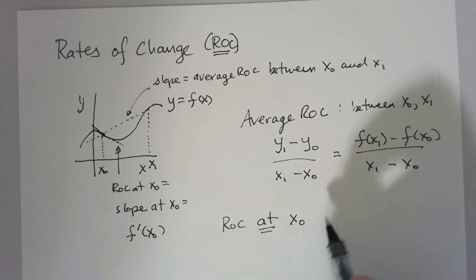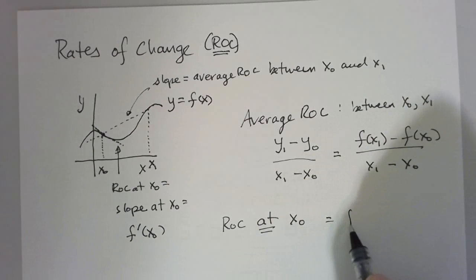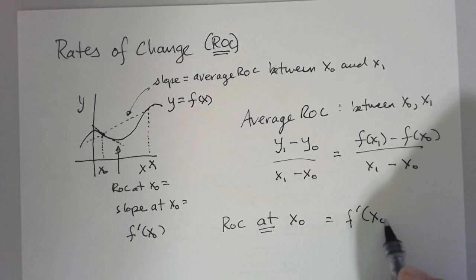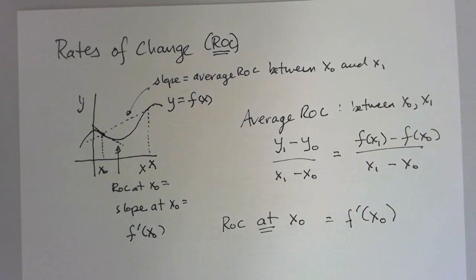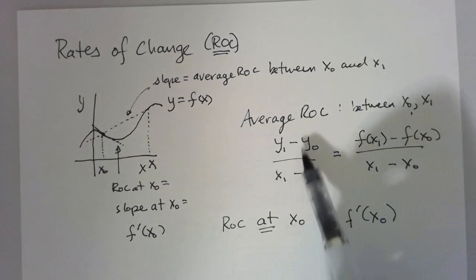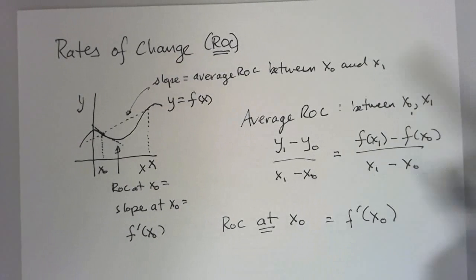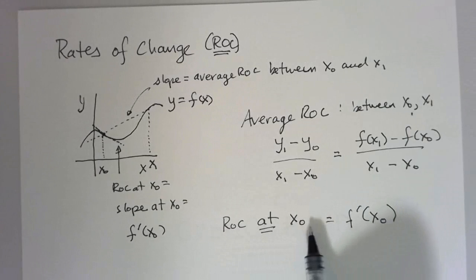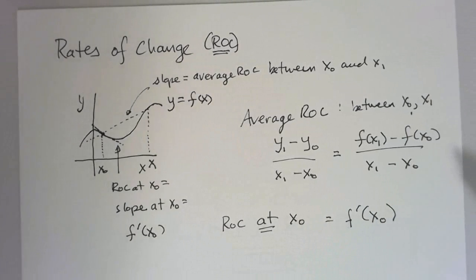So the rate of change at x0 is just the derivative of f evaluated at x0. So if I talk about the rate of change between two values, it's a slope calculation between those two points. If I talk about the rate of change at a value, it's the derivative at that point.